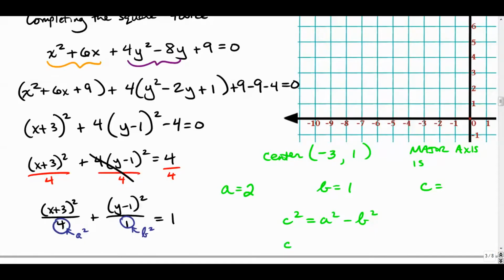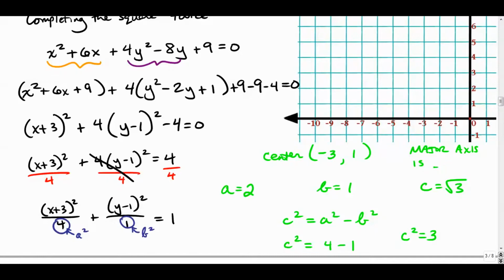And to find C, we simply plug that in. 2 squared is 4 minus 1 squared, so C squared is equal to 3. C is equal to radical 3. Cool. And remember, the C value tells you the distance that your foci are from the center.